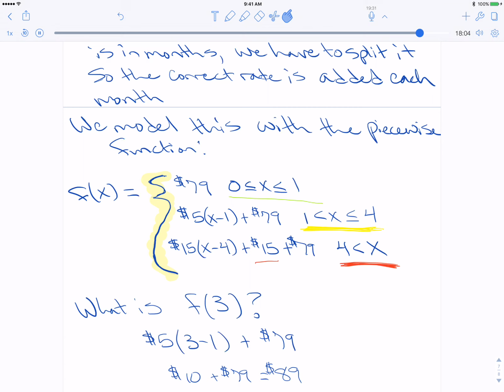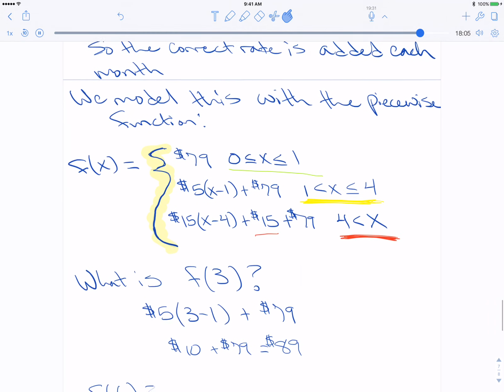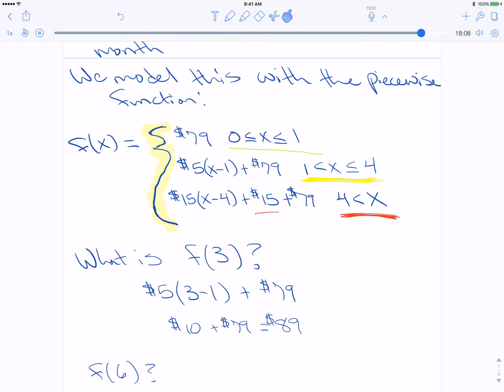Now, what if I want to look at, say, f of 6, maybe? See how much I spend after 6 months? Okay, so is 6 between 0 and 1? No. Is 6 between 1 and 4? No. Is it bigger than 4? Yeah, 6 is bigger than 4, right? Okay, we're good with that. So I'm going to use the one that I underlined with red.